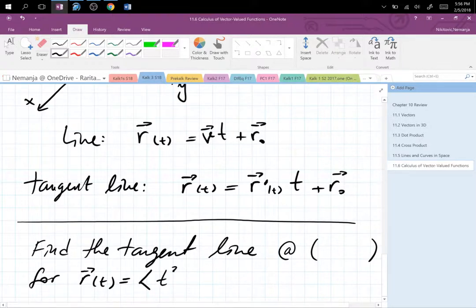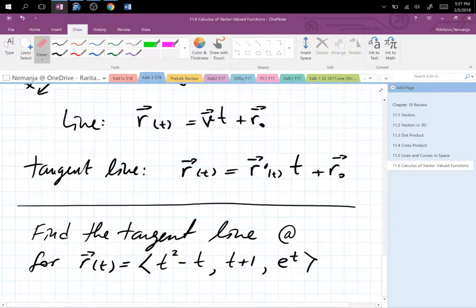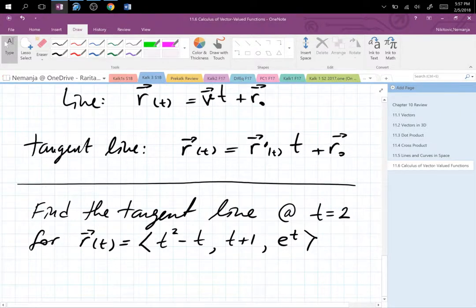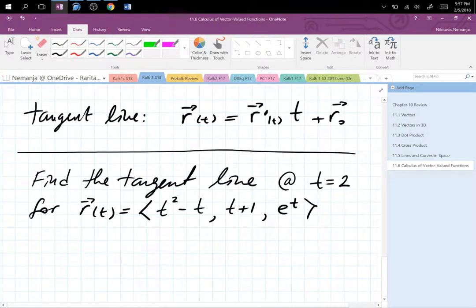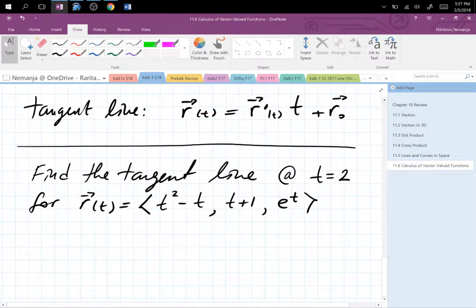So t squared minus t plus 1, and I don't know, e to the t. I'm just going to say at t equals 2. So find the tangent line for the function r of t at t equals 2.